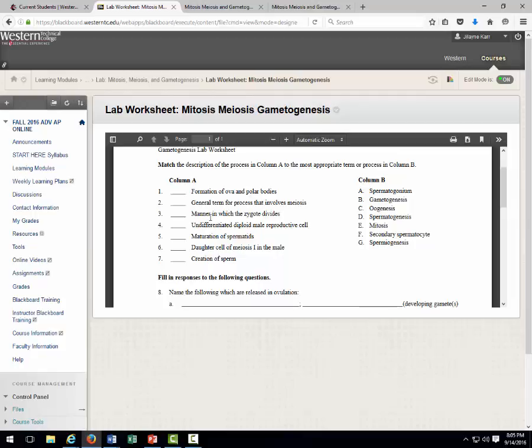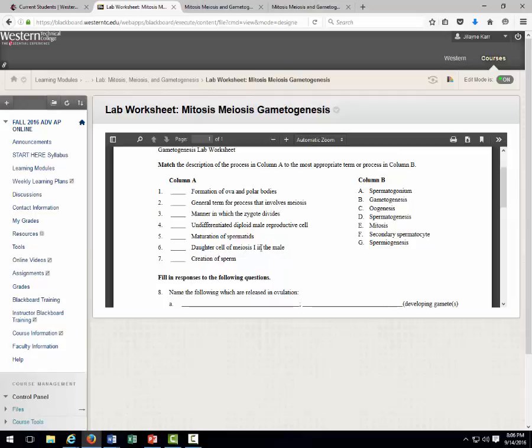When that zygote is formed and now it's going to grow and develop, what process is that? Mitosis. An undifferentiated diploid male reproductive cell. It's diploid, so it's 2N. Yep, spermatogonium. Maturation of spermatid. We're taking the spermatid and maturing it into a viable moving sperm. Yes, spermiogenesis.